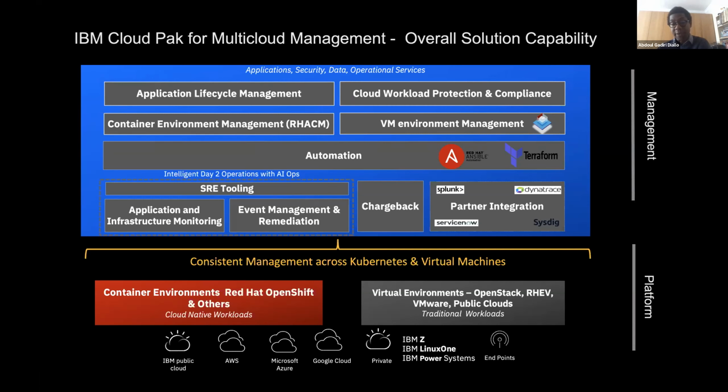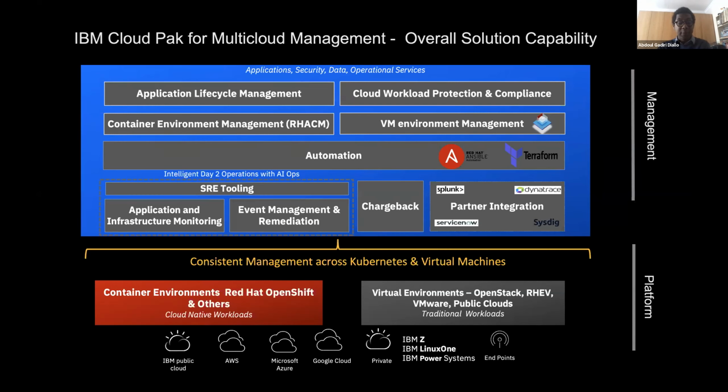So for that, we provide two things here. So we have Red Hat Ansible that is very popular in most of the companies, but we also provide Terraform, which is a solution that can help you do infrastructure as code. So that's from an automation perspective. We have also a huge focus on everything related to what we call the day two operations.